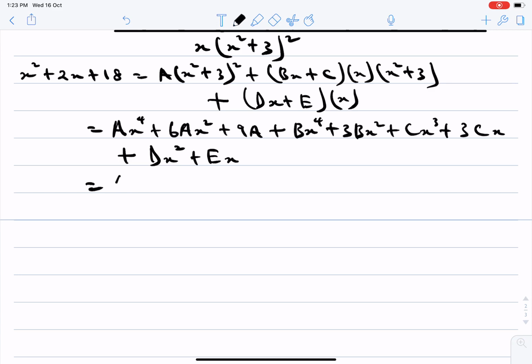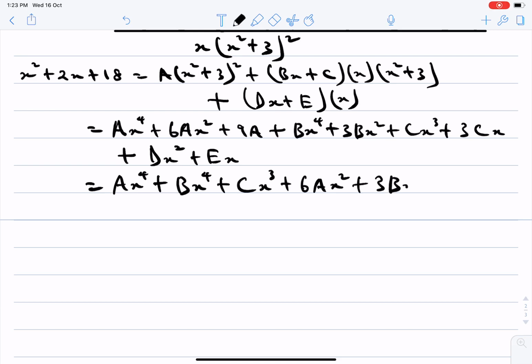ax raised to the power 4 plus bx raised to the power 4 plus cx cubed plus 6ax squared plus 3bx squared plus dx squared plus 3cx plus ex plus 9a.